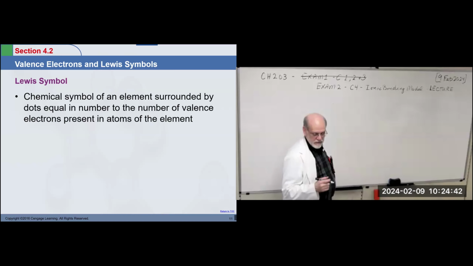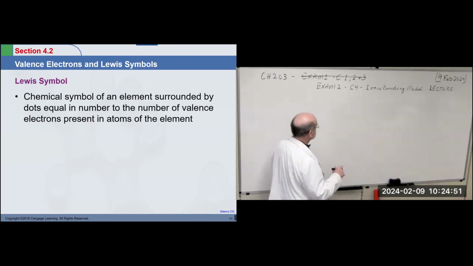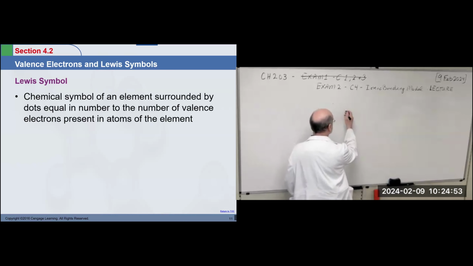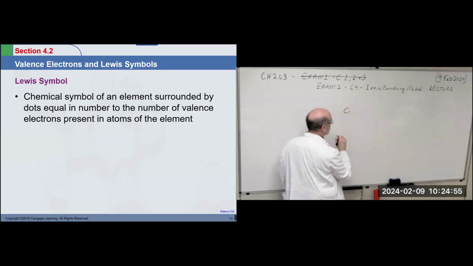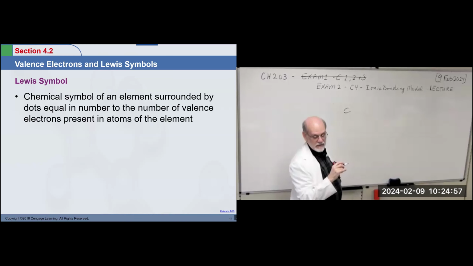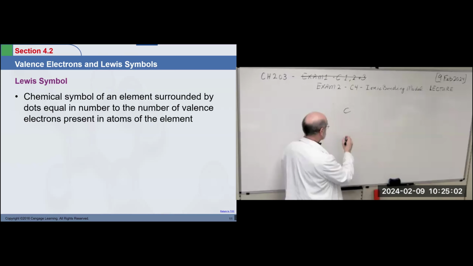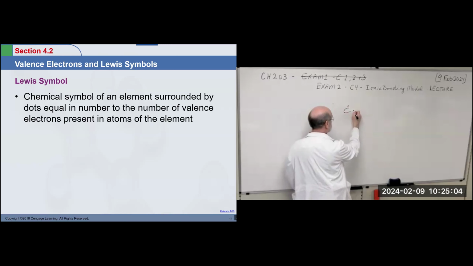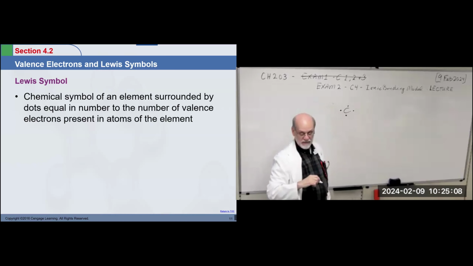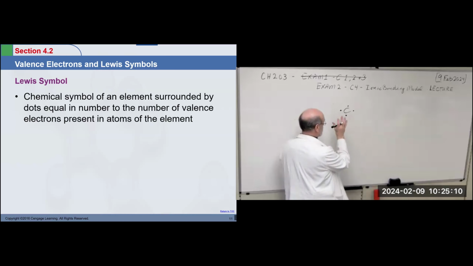And what we're doing is with these elements in the first, second, third, and some of the fourth period, we can write the symbol for carbon. Remember, how many electrons did it have in the outermost shell? 2 plus 2 is 4, right? So we would put those 4 electrons around that symbol. And that would show the valence electrons for that element.